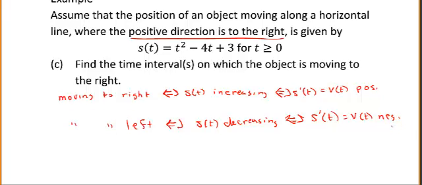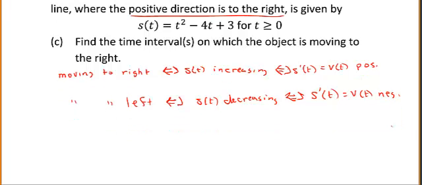So let's take a look at this. We have the position function is s of t equals t squared minus 4t plus 3. The velocity function then is its derivative, that would be 2t minus 4.